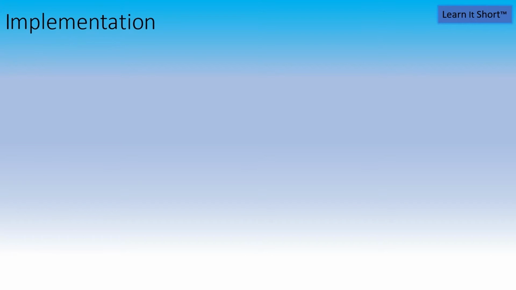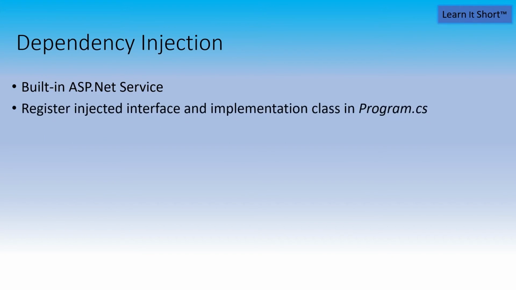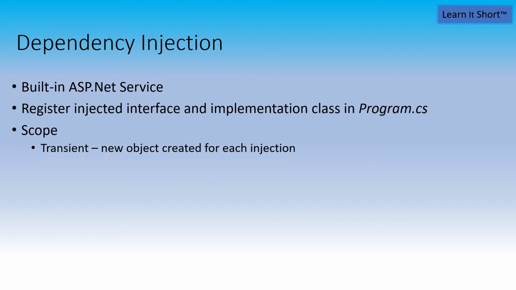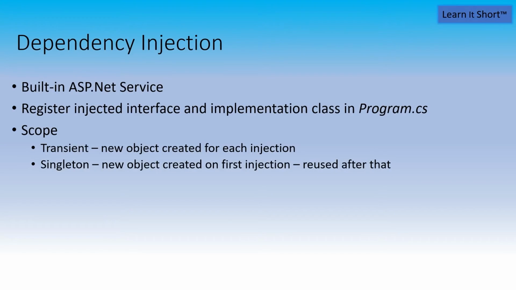In ASP.NET, one of the cool new features is Dependency Injection, and it's built into the ASP.NET service. We just need to register our injected interface and the implementation class in program.cs. When registering an implementation, we can choose a scope, and those scopes are transient, where a new object is created with each request, a singleton, where a new object is created on the first request, and then that same object is used from then on.